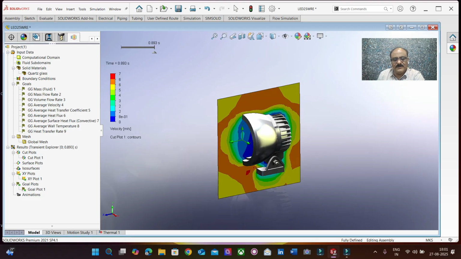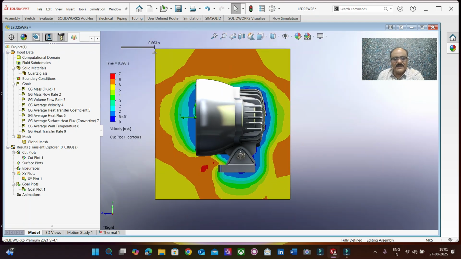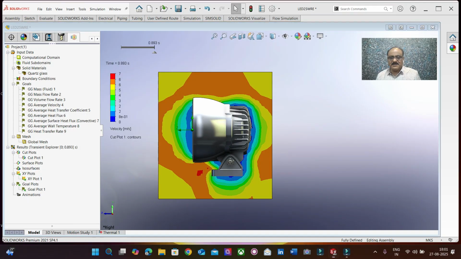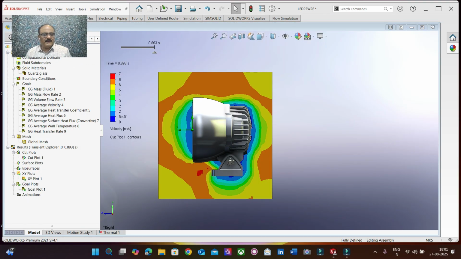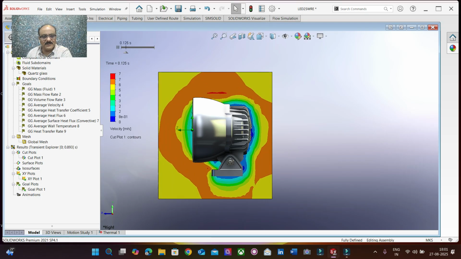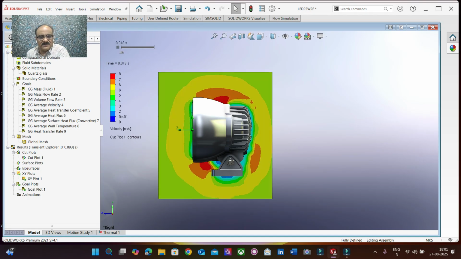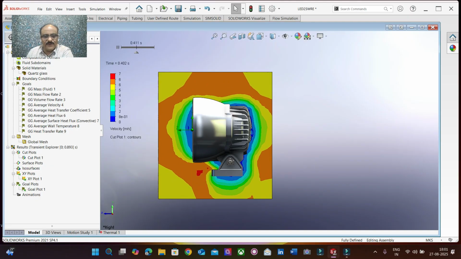So we have the headlamp, the projector lamp, and the projector lamp is going to be covered with the velocity. Now this is how the velocity plot is. The air flows, and we are able to see the airflow on the central axis.